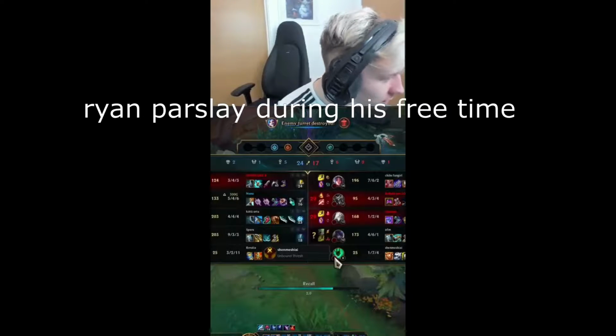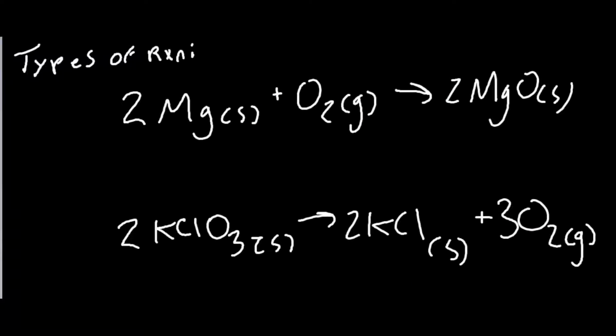Okay, so types of reactions. First we'll go over combination and decomposition reactions. Combination reactions follow an A plus B becomes C type of thing. It can also be A plus B plus C plus D becomes E, but that's generally what it is.